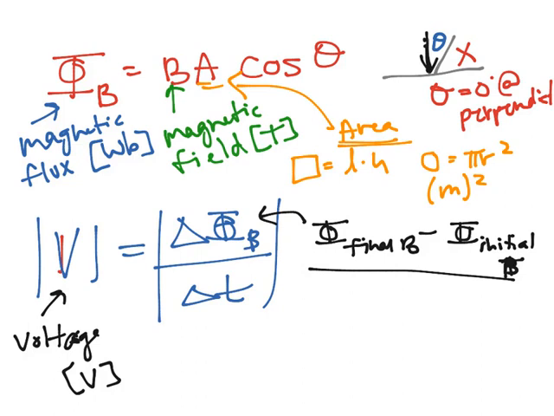Often this is just given as one number, and that's fine. You would just say it starts at 0 and you would subtract 0 from it. Again, these are measured in Webers. And then t is, of course, measured in seconds.